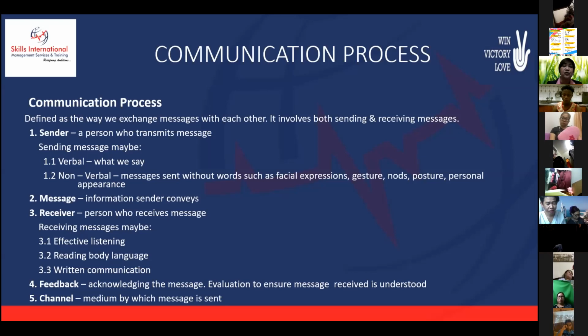Number 2, through reading body language. You must see that the other side, the receiver of your messages, must have read your body language. The third is written communication. By written communication, we pass our message and the receiver receives it.